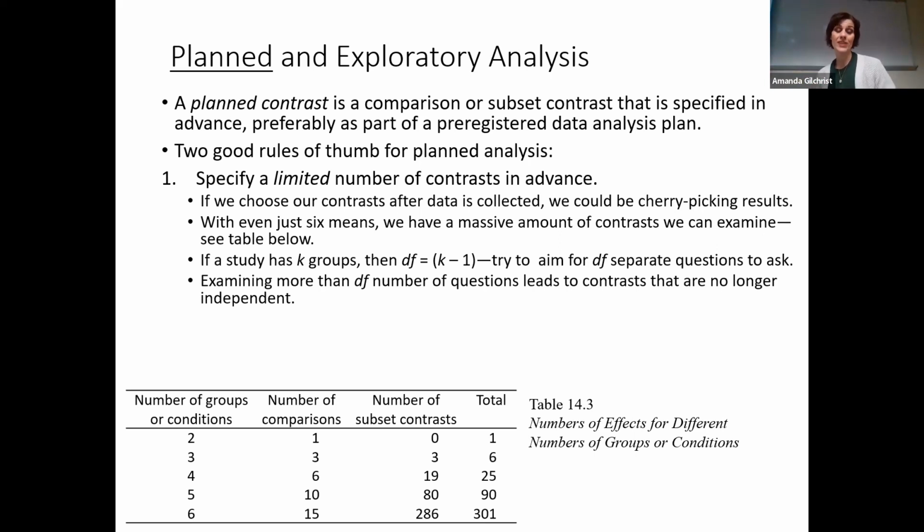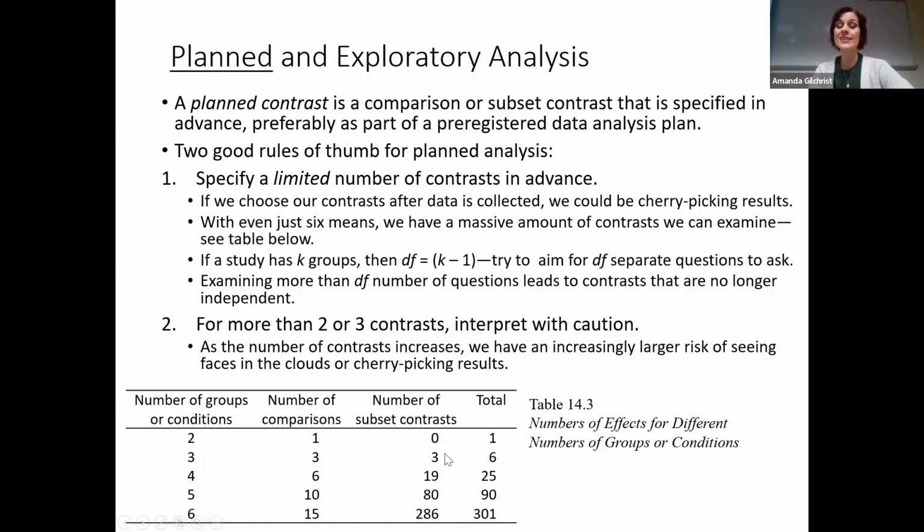Now, here's the other thing. You saw all of the different contrasts that we could do when we had 6 different groups, right? There are a lot of different things you could do, but here's the thing. So let's take a look at this. If I have 2 groups, there's only 1 comparison that I can make. If I have 3, I have 3 comparisons that I can make.